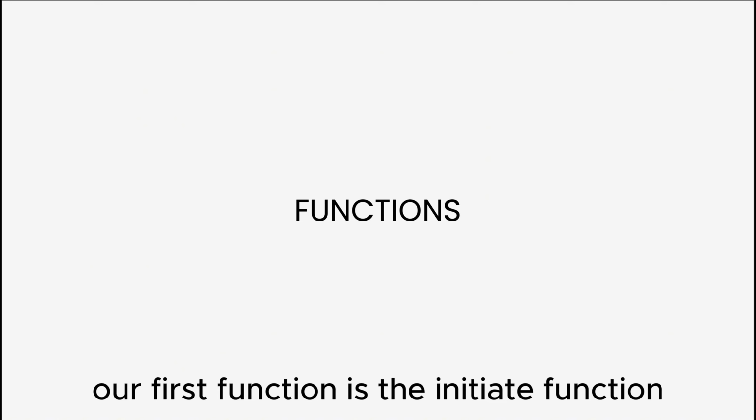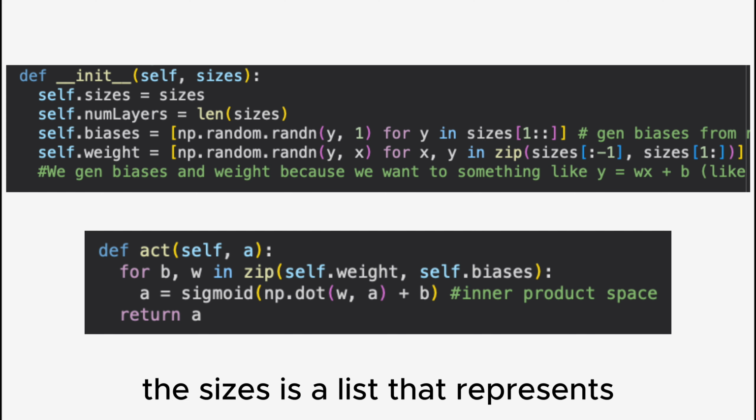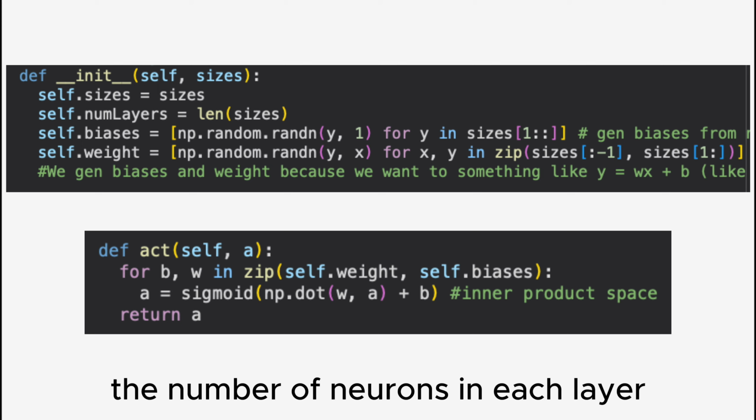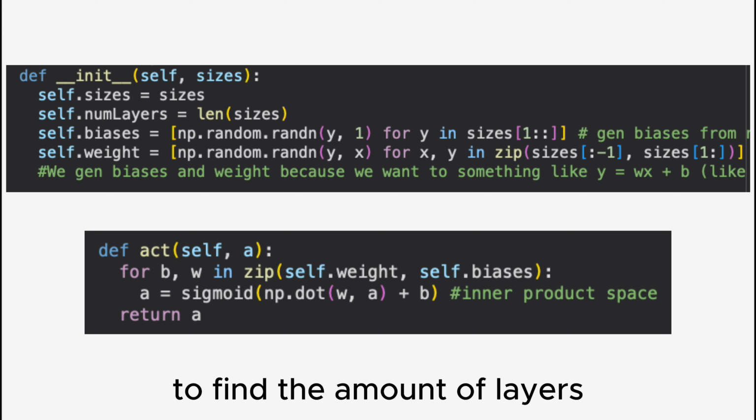Our first function is the initiate function, which is used to set up the structure of the neural network. The sizes is a list that represents the number of neurons in each layer, and then we find the length to find the amount of layers.